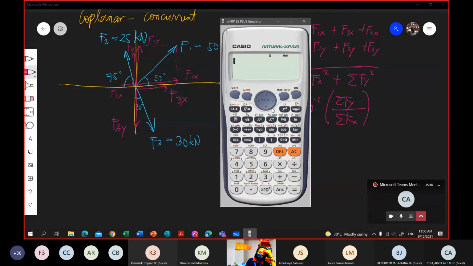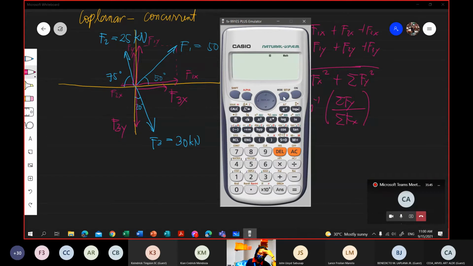Okay. Your calculator, if it is a scientific calculator, has many modes: calculator mode, complex mode, stat mode and all. It has many modes, even binary. If you go to your mode setup, it's right here. Can you see my cursor?